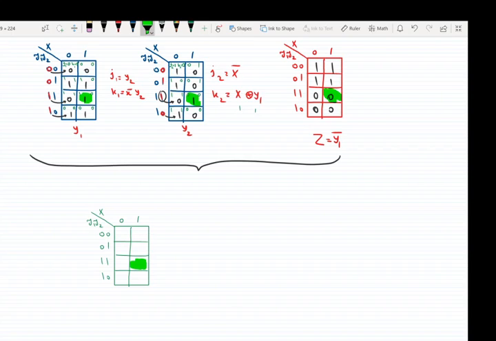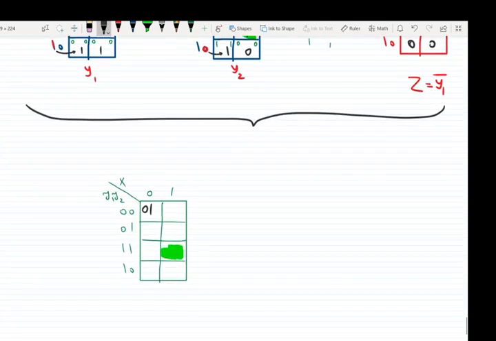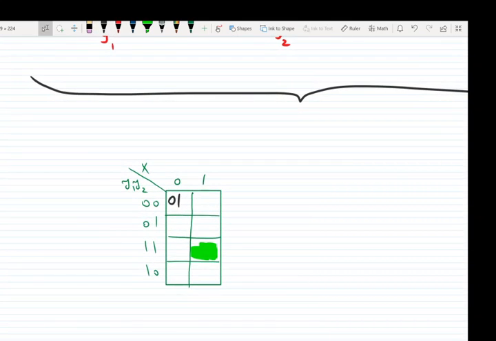Okay, so let's fill this table. So it is 0 1 1 0 1 over 1 0 0 1 1 1 1 1 0 1 0 0 0 1 1 0 1 1 0 and 1 0 0.